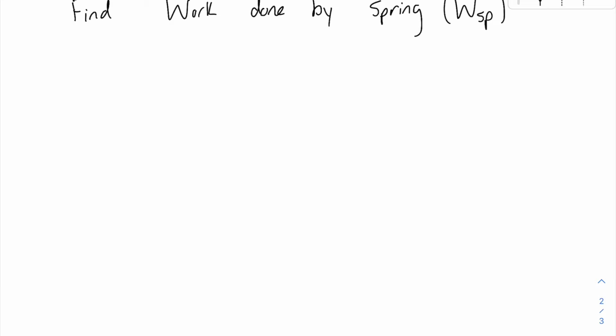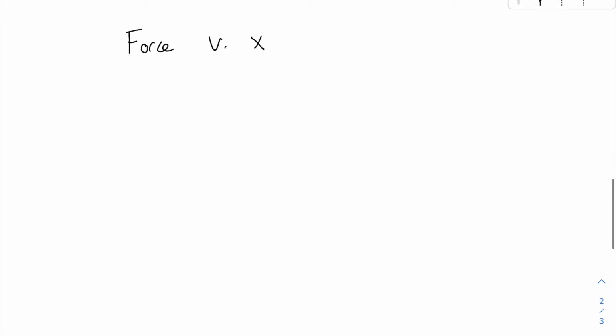So to do this graphically, we need to first graph the force versus x. We're going to graph force versus x, and the reason that we do that is because we know that work is equal to the area under a force versus distance or displacement graph.